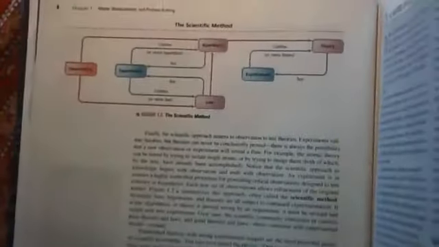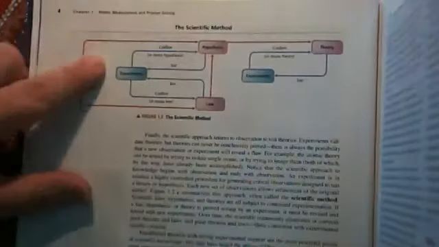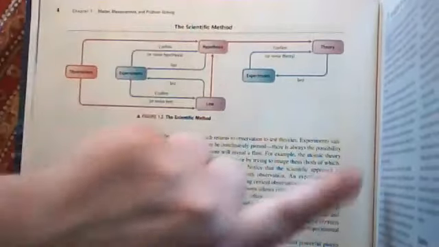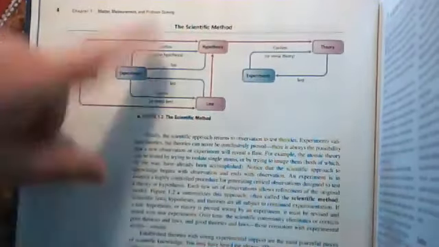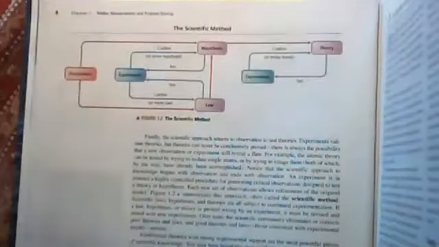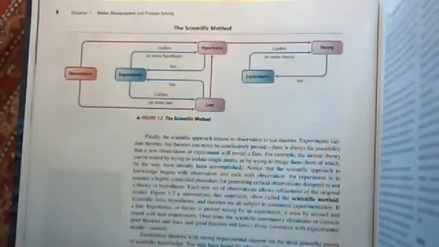There is a chart in the books, also on one of the PowerPoints, that shows a diagram of the scientific method. You can sort of see the terms we were just talking about. And you notice there's a lot of going back around and around, and that's really what science is like.